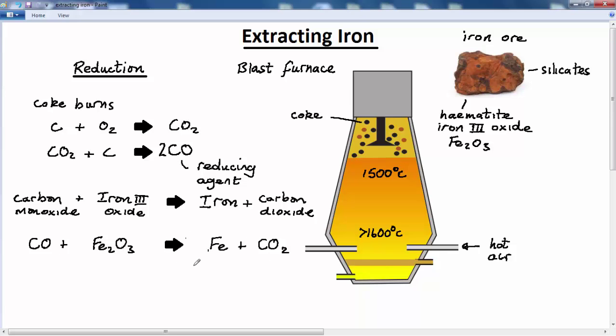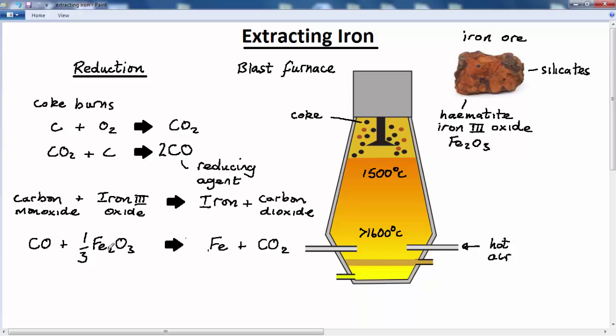Okay, so we've got to balance this equation now. These reduction equations are often a little bit tricky. So this is what I'm going to do. First of all, I'm going to count the oxygens on each side. We've got 4 oxygens on this side and we've got 2 on this side. So what I want on this side is 2 oxygens, and to do that I'm going to put a third here. All right, there we go. So we have 3 oxygens here, but multiplied by a third gives me 1 oxygen.